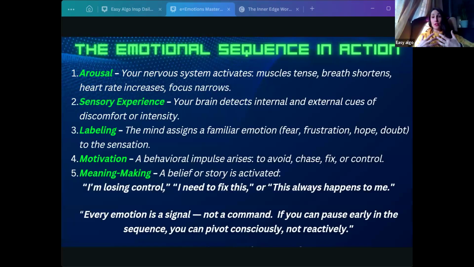We've got an arousal. That arousal is coming from the biochemicals flooding our body, right? So heat, the nervous system being activated, muscles tensing, our breath shortening. There's all of those things at state. The default state is being activated. That leads us to a sensory experience because we are human beings.